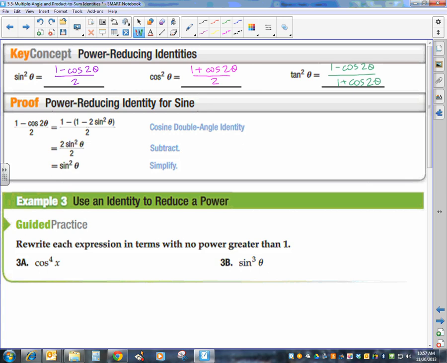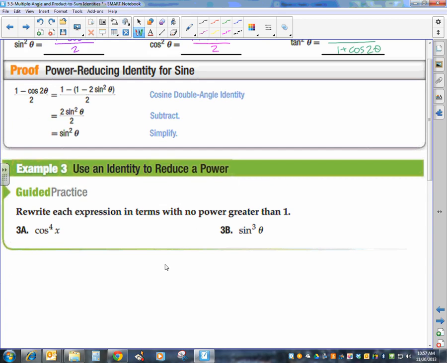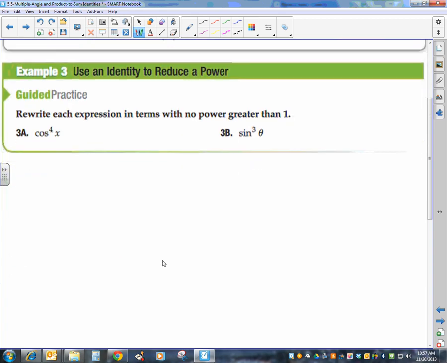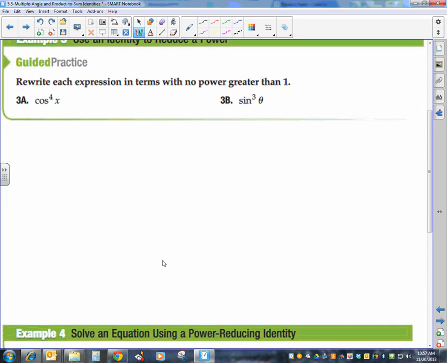Now, our examples: rewrite each expression in terms with no power greater than 1. So we're trying to reduce the power of our function. So I have cosine to the fourth of x. Now, hopefully y'all can see from that that this is the cosine squared of x, squared.